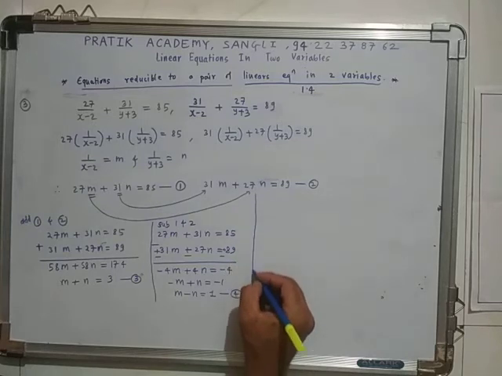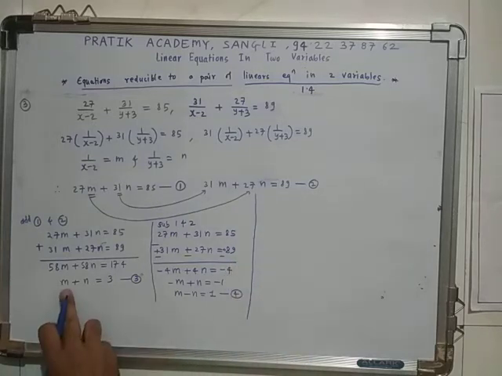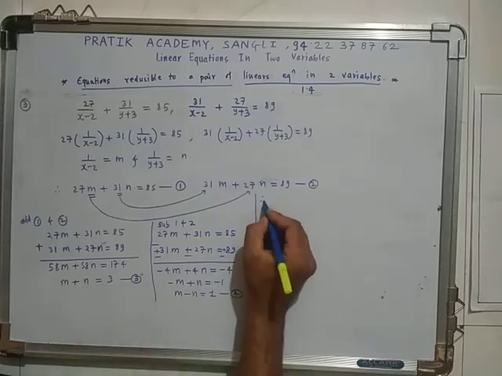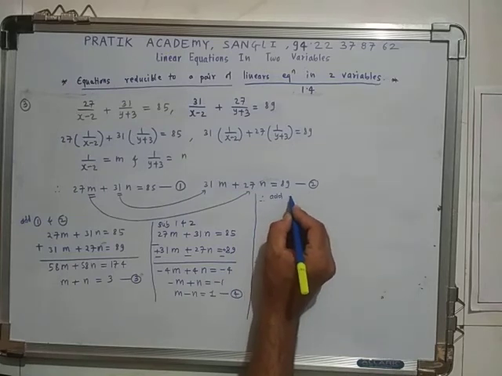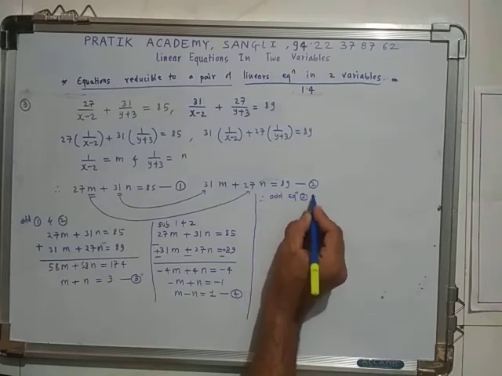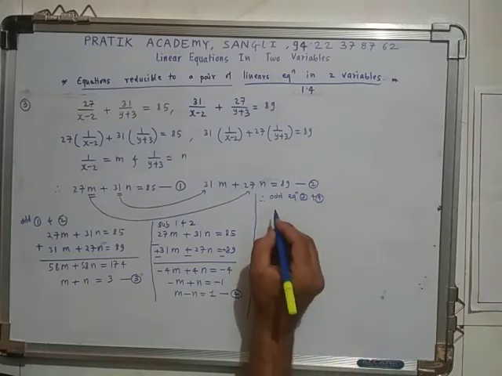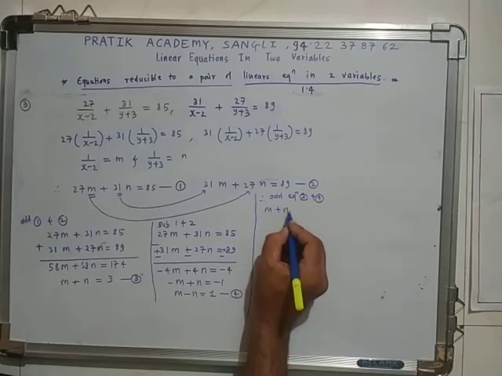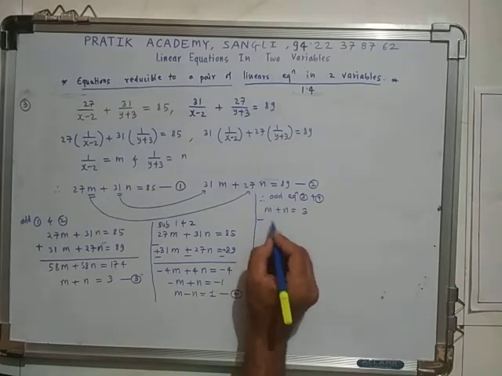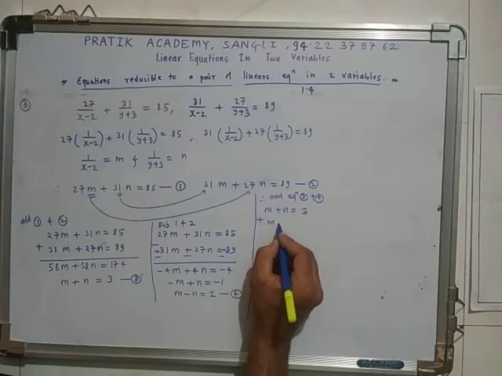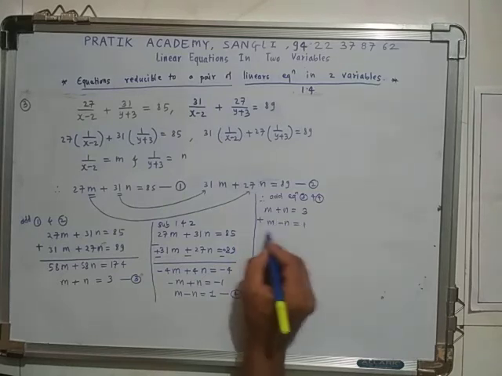Now what do we have to do? The signs here for n are different, the coefficients are the same. Therefore add equations 3 and 4. What will we get? m plus n is equal to 3, plus m minus n is equal to 1.